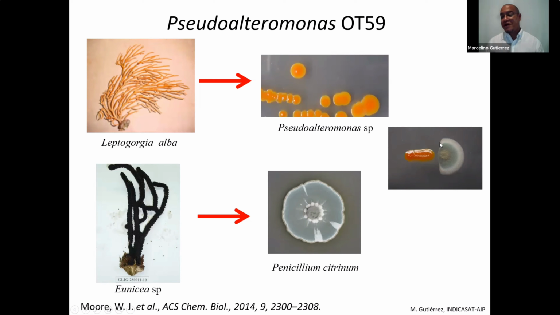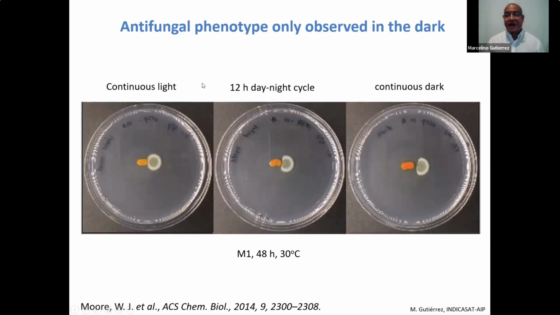As you can see here, there is a clear inhibition zone produced by the bacteria. But we observed a peculiar phenotype: in continuous light, there was no inhibition. In a day-night cycle, we observed some inhibition, and in continuous dark, we observed continuous inhibition. So it was very unusual.